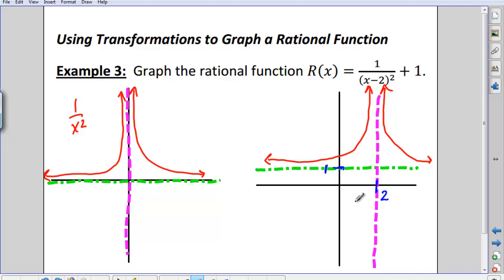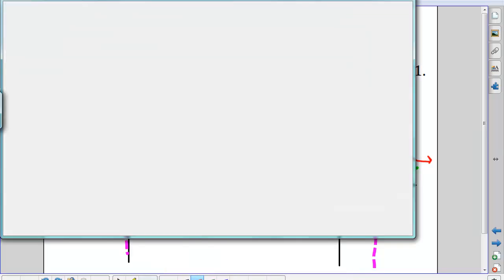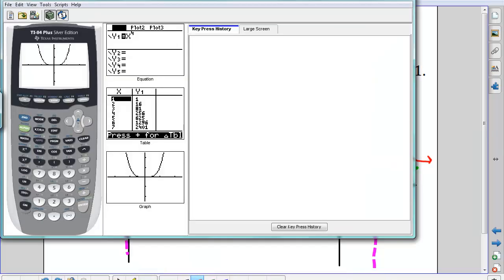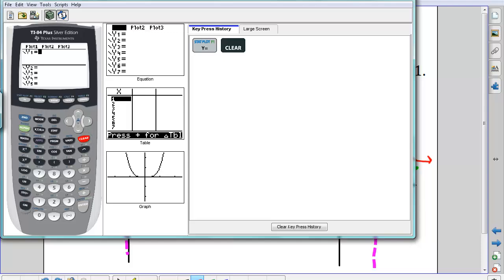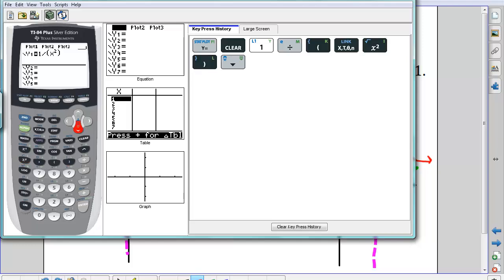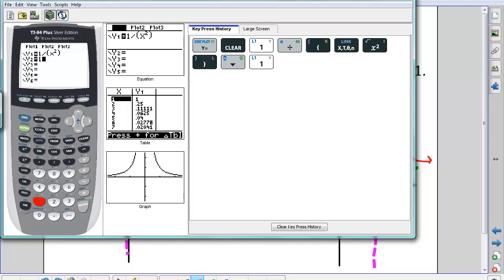Again, that's a sketch. Obviously, if you were to graph that, it would look better. And just for sake of seeing it, let's go ahead and do that real quick. I'm just going to punch both of these in. The first one's 1 over x squared. The other is 1 over (x minus 2) squared.